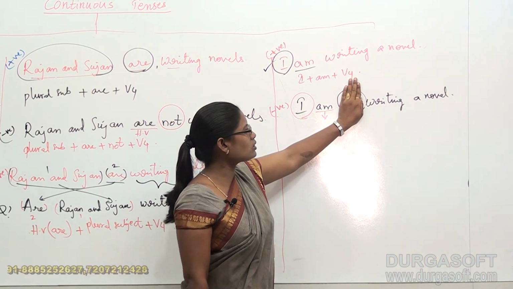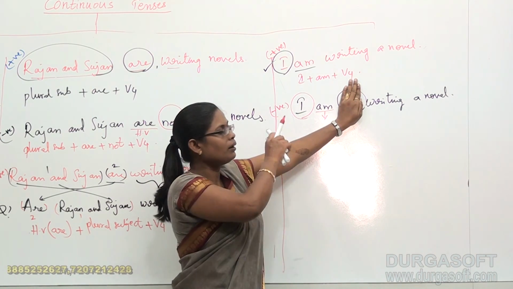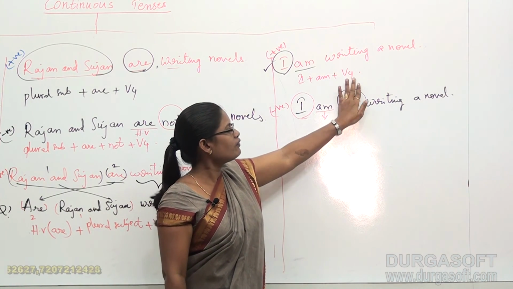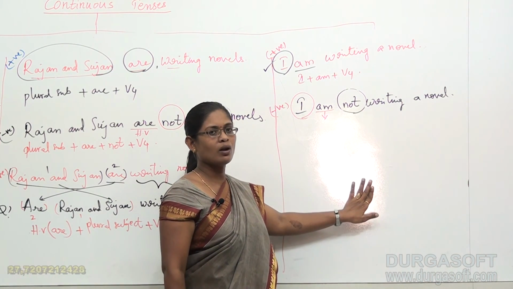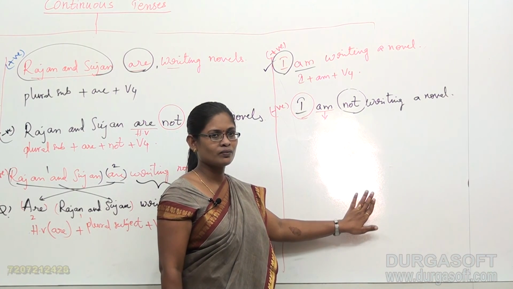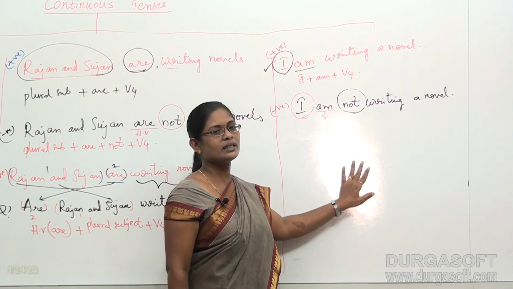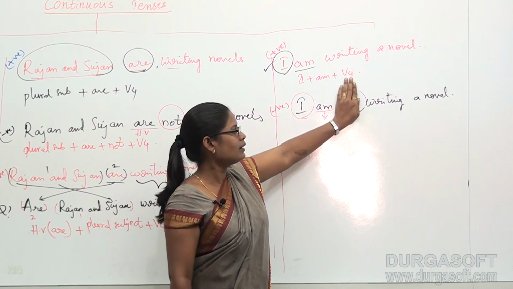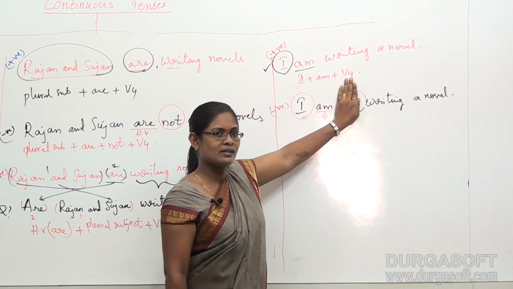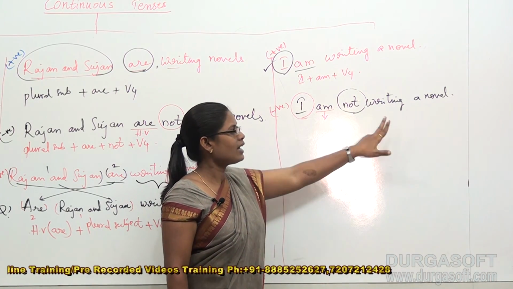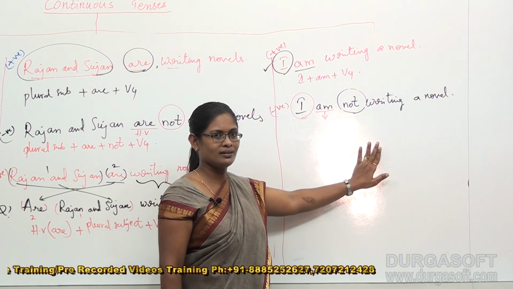If you close "not", this is a positive sentence: I am writing a novel. If you add "not" in the sentence, it's a negative: I am not writing a novel. Once again, positive sentence, I am writing a novel. Negative sentence, I am not writing a novel.